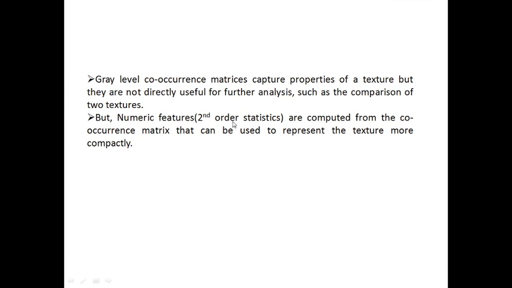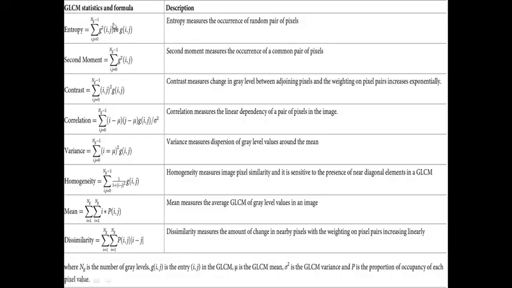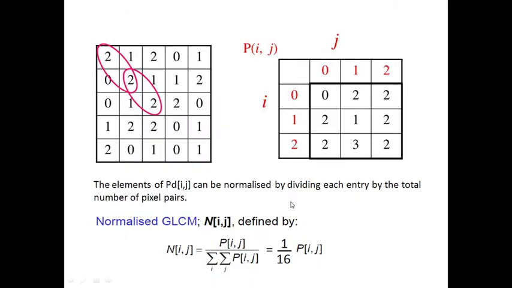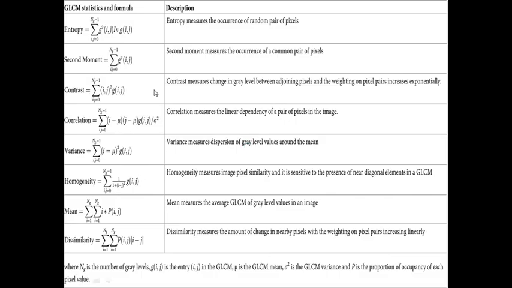From the GLCM we can get many numeric features like entropy, second moment, contrast, correlation, variance, homogeneity, mean and dissimilarity. All can be traced from the GLCM matrix. So what is entropy? Entropy measures the occurrence of random pairs of pixels.